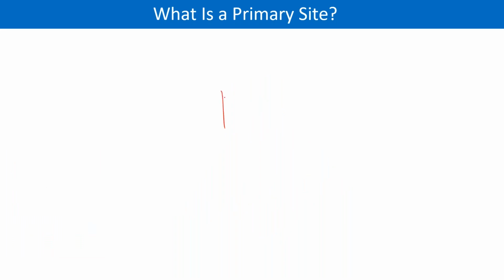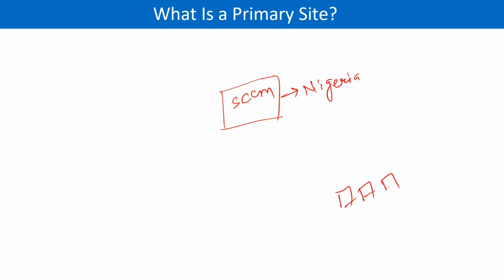Suppose you are in Nigeria and you would like to install an application on a New York computer. Your SCCM server is in Nigeria and you have, for example, 10,000 machines in New York, and I need to restart these machines. I'll send a policy and all these machines get restarted.